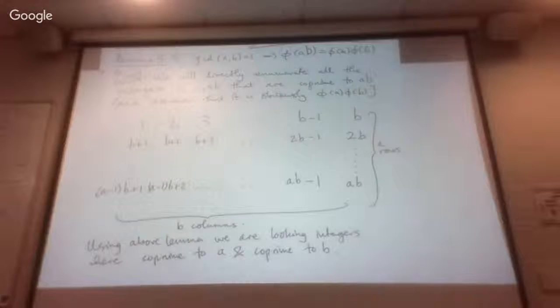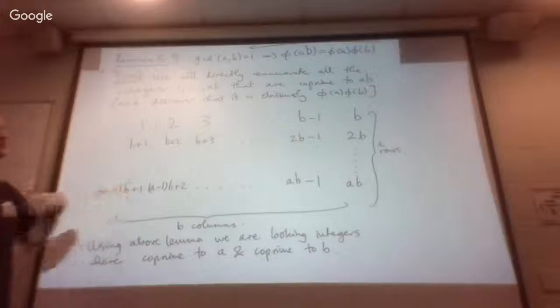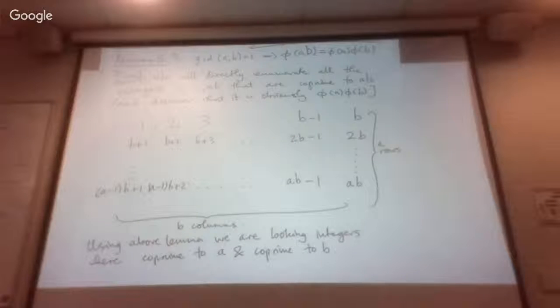That was the second lemma: something is co-prime to the product a times b if it's co-prime to both a and b. So I'm looking in this grid, and I want to count the number of things that are co-prime to a and to b.